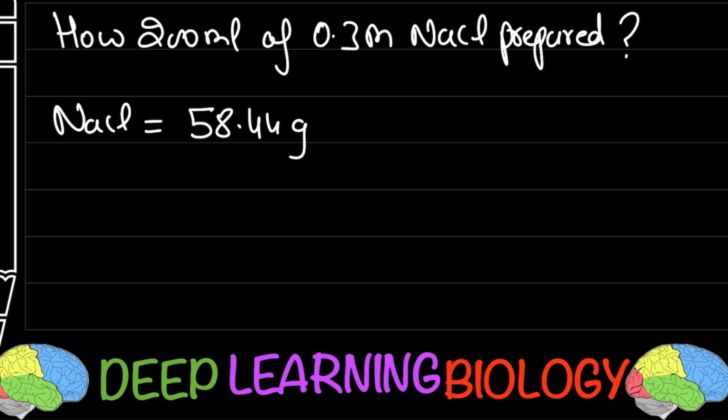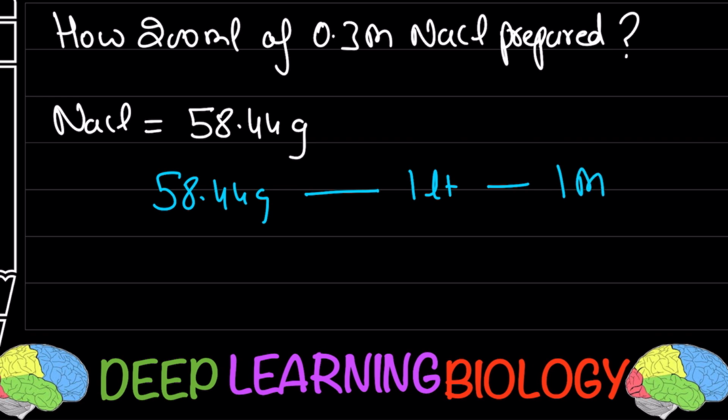If you dissolve 58.44 gram and make the final volume 1 liter, this is going to prepare 1 molar solution. To prepare 1 molar, 1 liter, how much do you need? 58.44 gram.